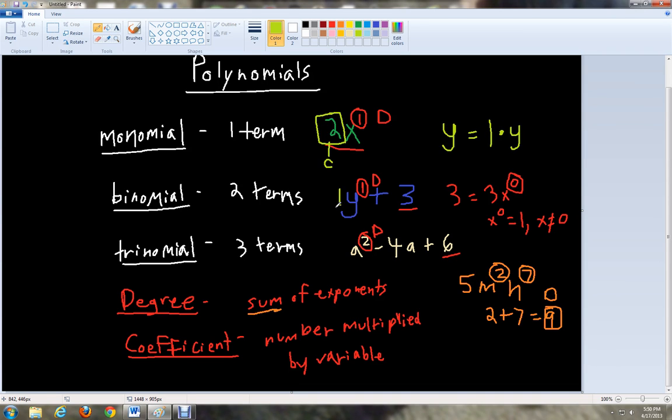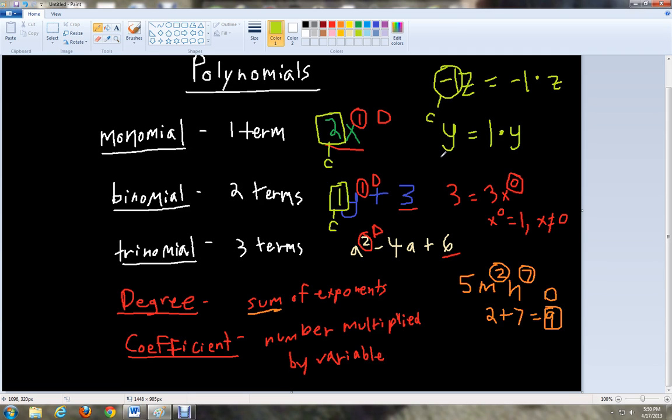So the coefficient of just y, or 1y, is 1. And likewise, if you have a term, let's say negative z, this is the same thing as negative 1 times z. So the coefficient of negative z would be negative 1.